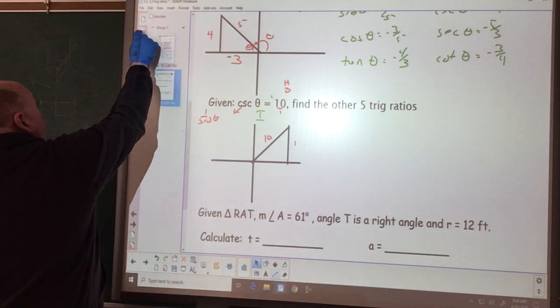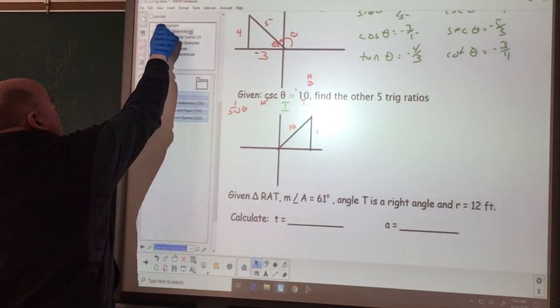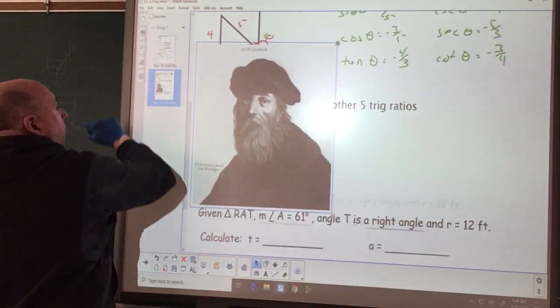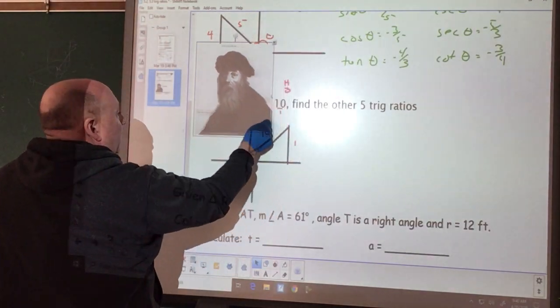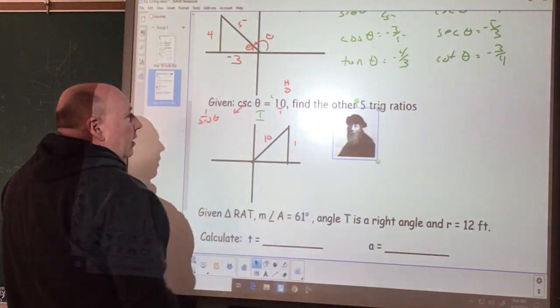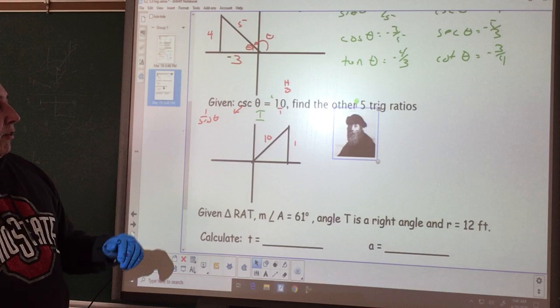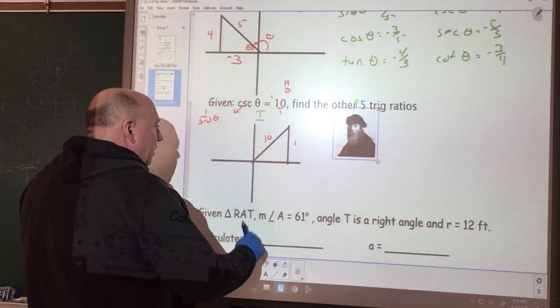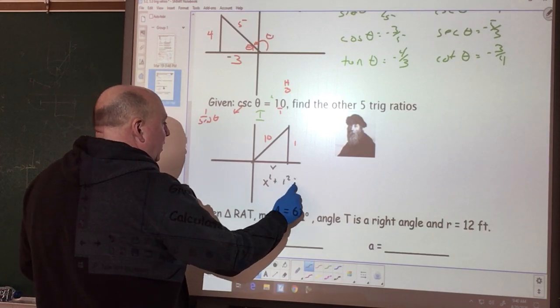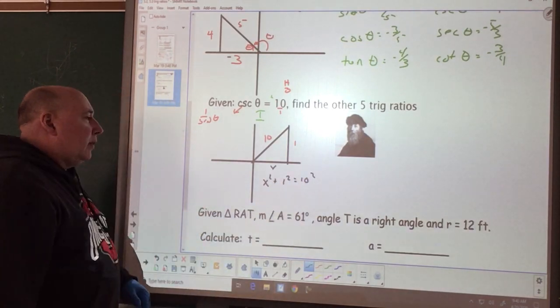We can then use our good old buddy Pythagoras. Yeah, my good old buddy made it back into the picture. Our good old buddy Pythagoras here to find our third side. X squared plus 1 squared is equal to 10 squared.